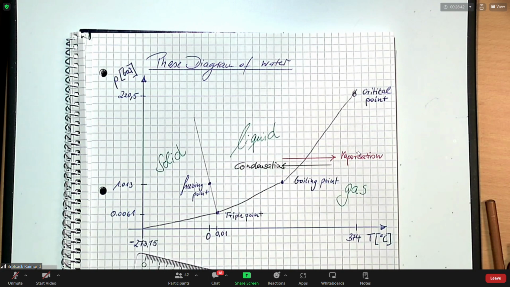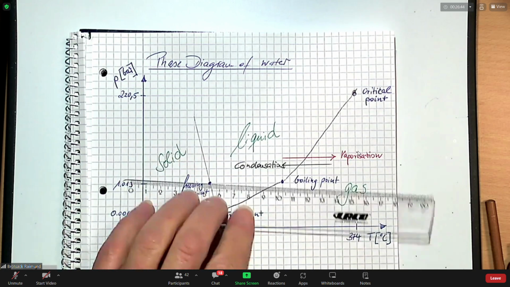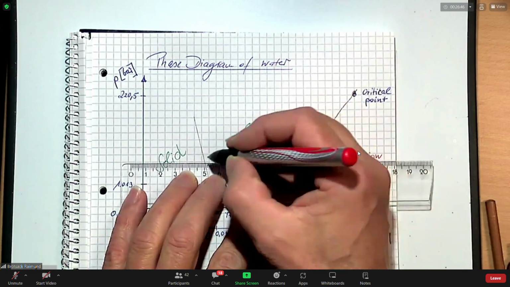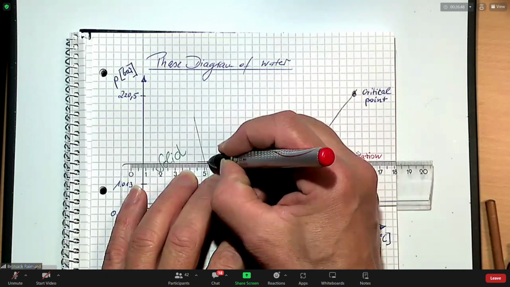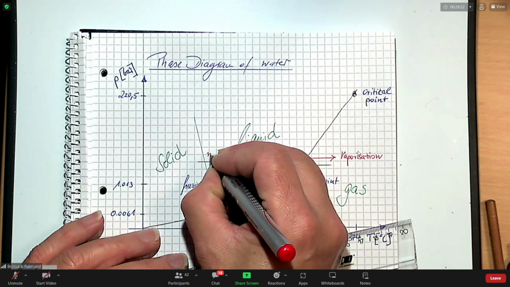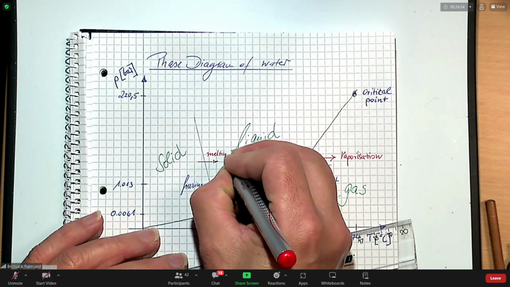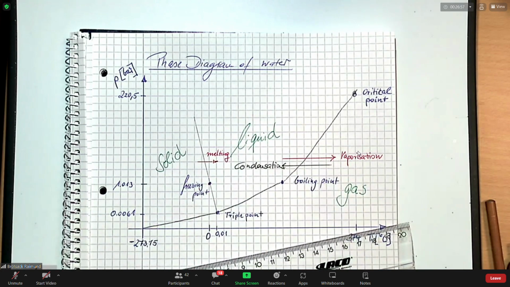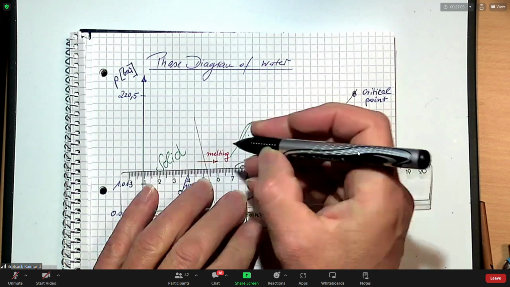When we transfer from solid to liquid, what's the name of this? Melting. And do you know the name for the freezing? Vice versa, it's freezing.